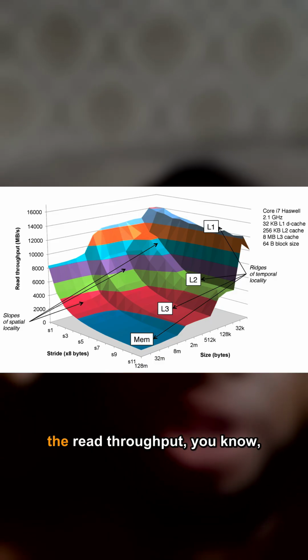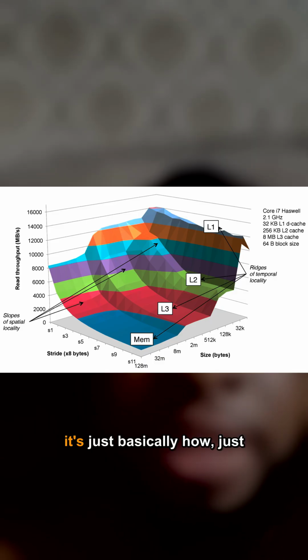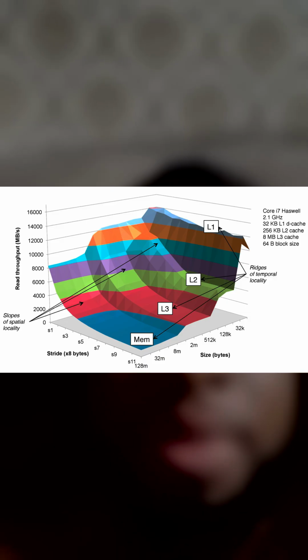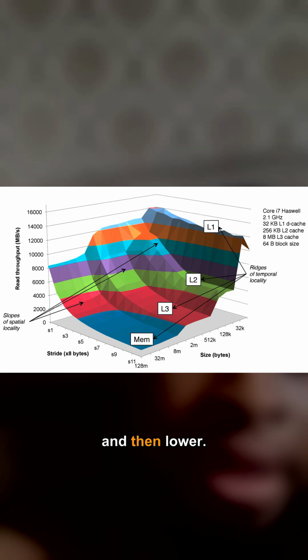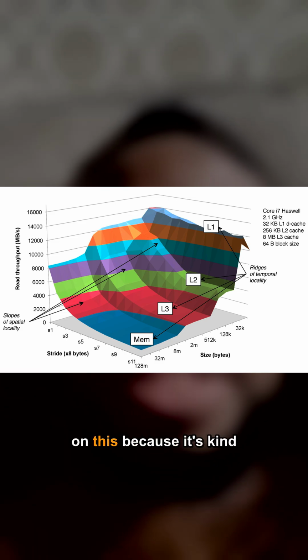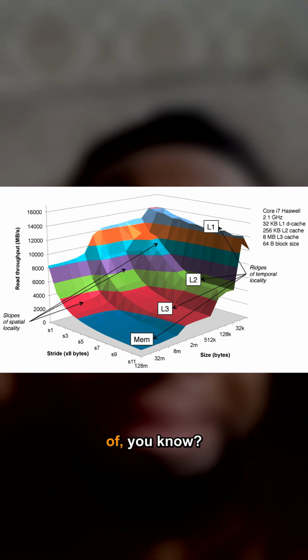They call it the read throughput. It's basically just a rate, how fast. And it forms the same graph, like a peak and then lower. I'll try to have visuals on this.